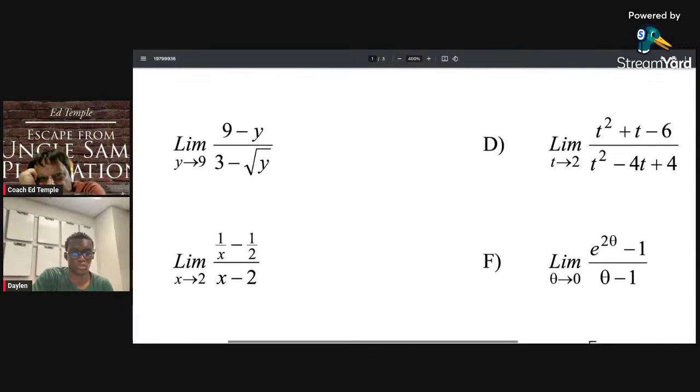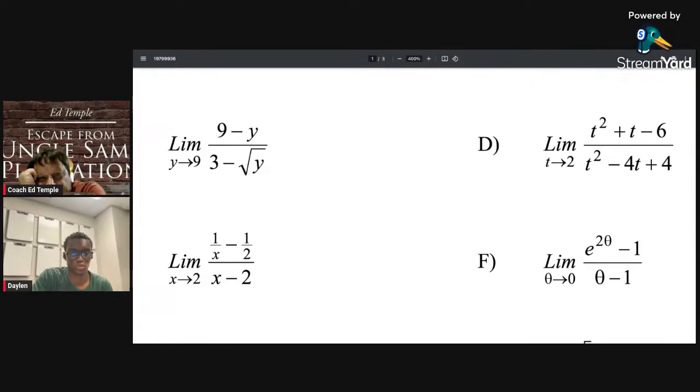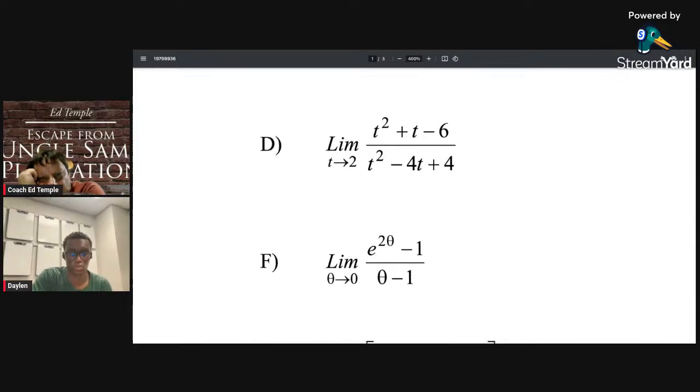All right, let's take a look at letter D and just talk about that real quick, and then we'll move to one of these other ones. On the bottom, what are you going to ask yourself? What two numbers add to get -4 and multiply to get 4?